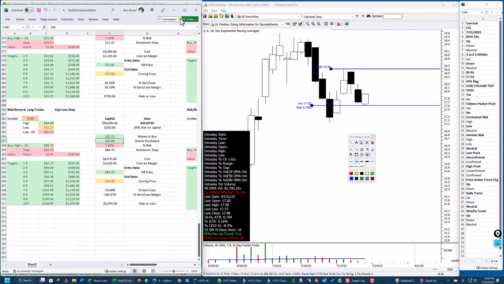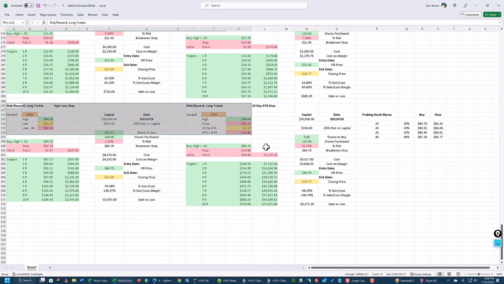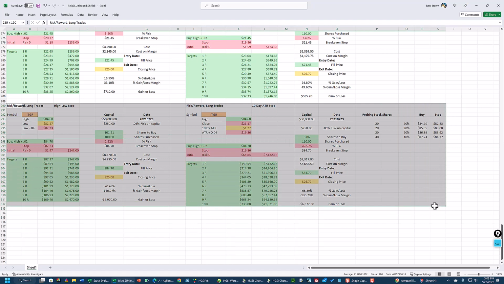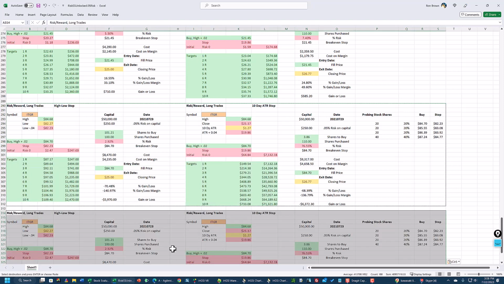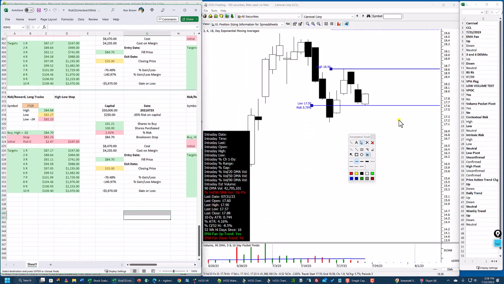Okay, I've got it open. And this is where I position size the stock. I want to leave that in there, so I'm going to highlight this, do a Control C, and then a Control V. And I'm going to put this information in my spreadsheet.